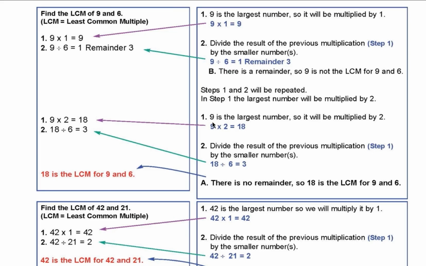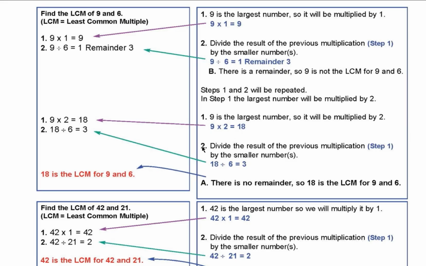Therefore, 9 will be multiplied by the number 2. 9 times 2 equals 18.